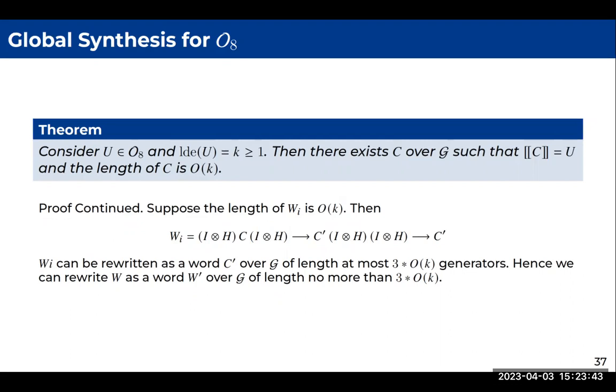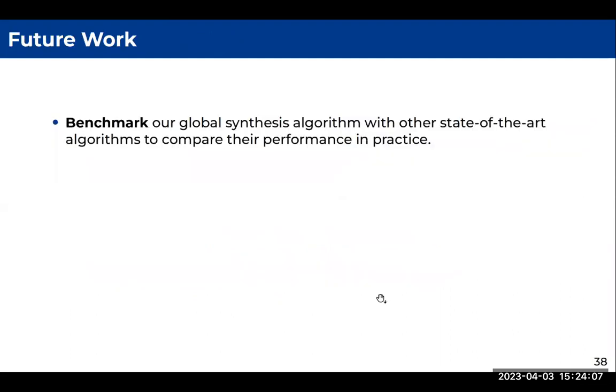Now, suppose towards contradiction, you have an I tensor H somewhere in your word, but then this will bring you a factor of 1 over root 2. Then this does not fit into the group definition of O8, so this is a contradiction. Therefore, there cannot be oddly many of I tensor H in the word sequence that you derive, so they must be able to be canceled out at the end by this pushing operation. So this completes the proof.